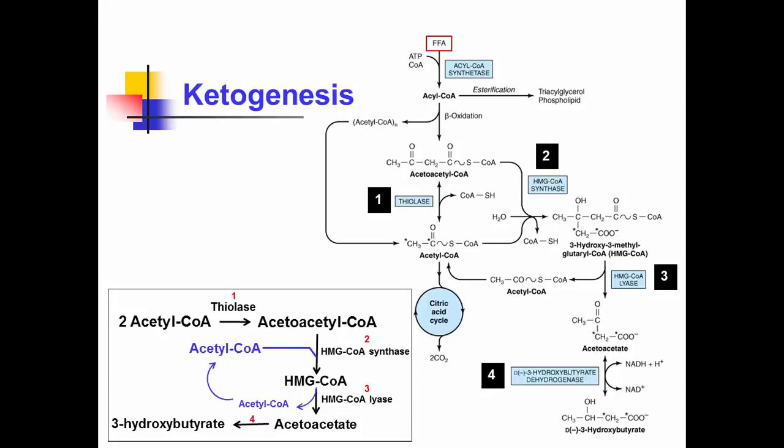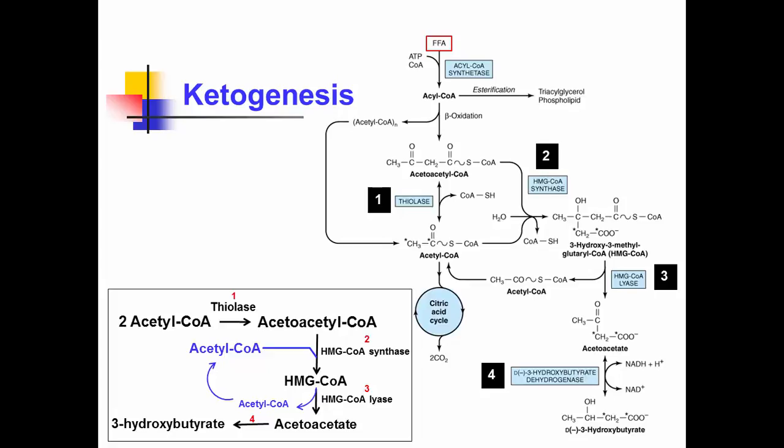So there are multiple steps, and again acetyl-CoA is the substrate or the starting molecule of ketogenesis, and this acetyl-CoA is primarily from fatty acid beta oxidation, right?